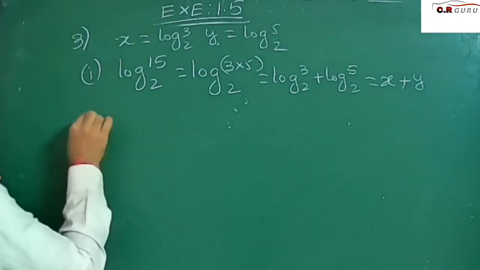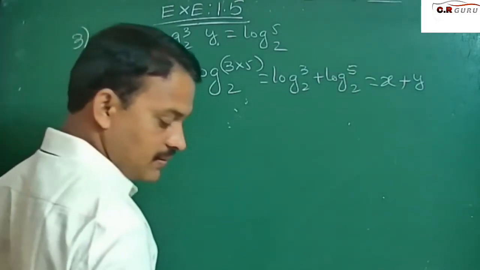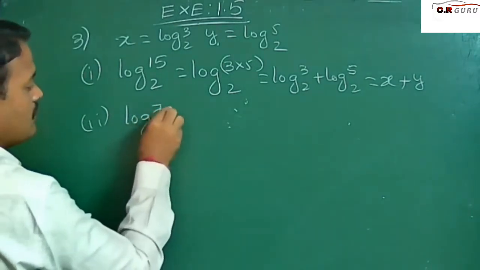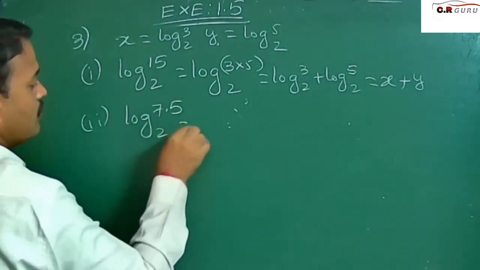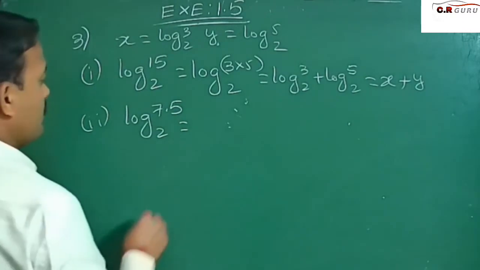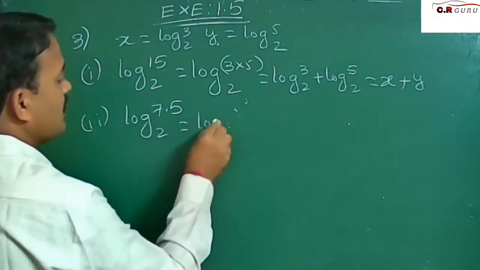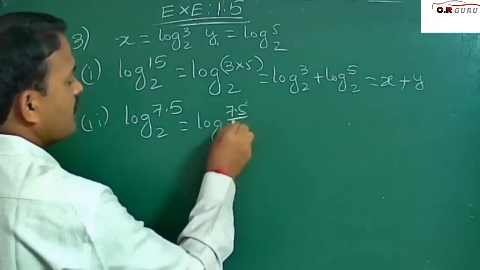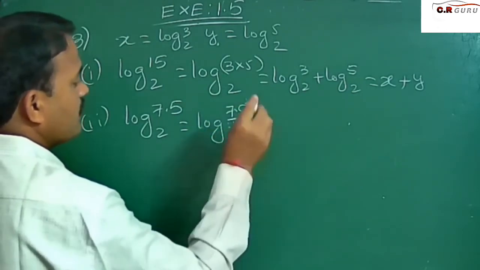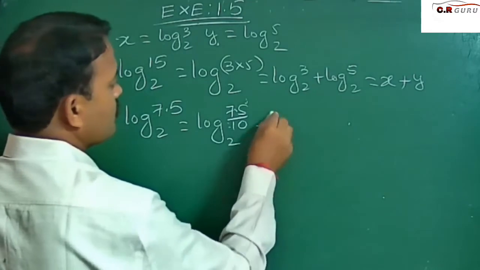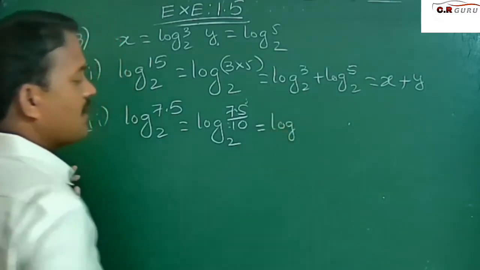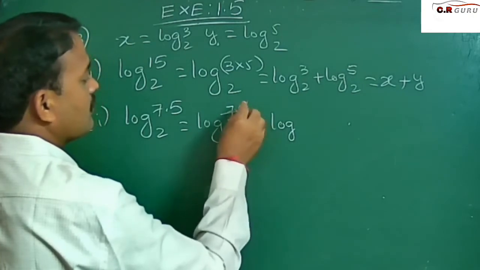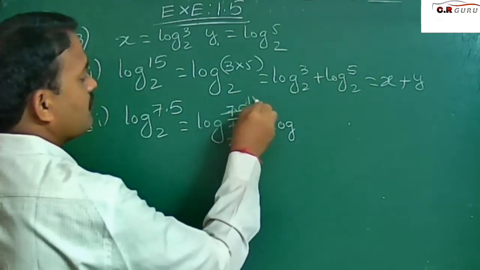The next, second sum is log of 7.5 by 2. How will we write this? Simply this can be written as log of 75 by 10 base 2, which after cancelling is 15 by 2.